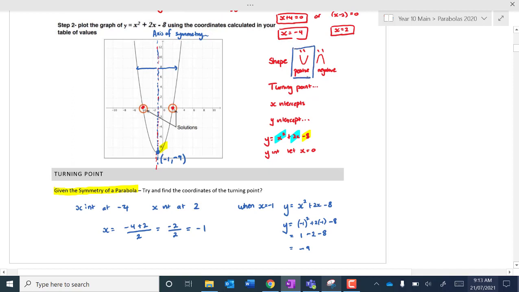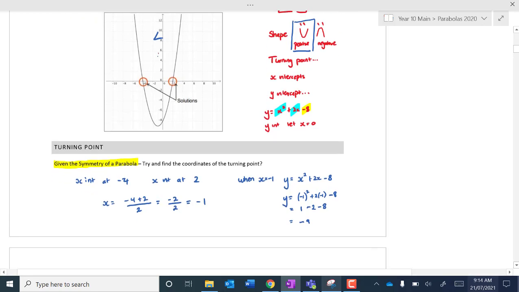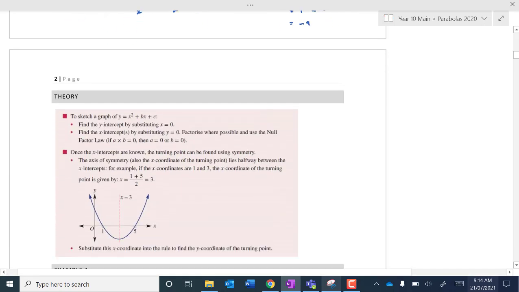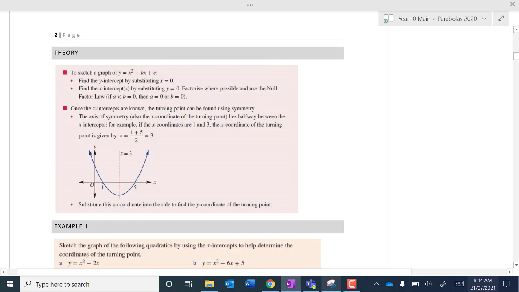We'll get into that a little bit later. Because this is positive x squared, we've got a little smiley face. Positive quadratic or parabola.